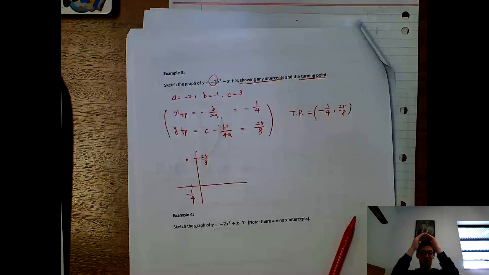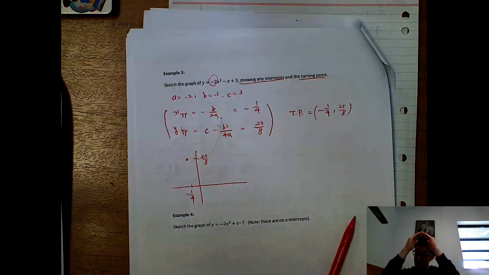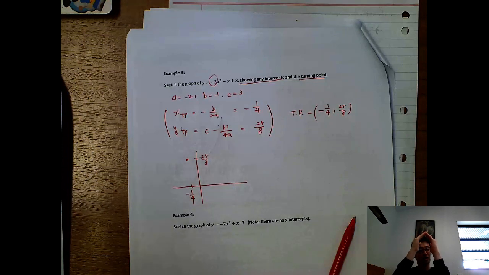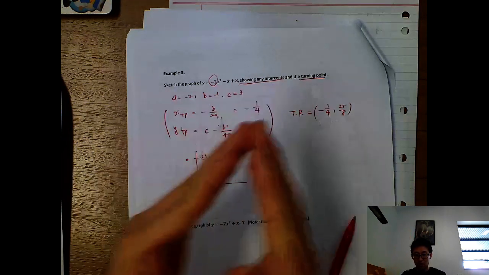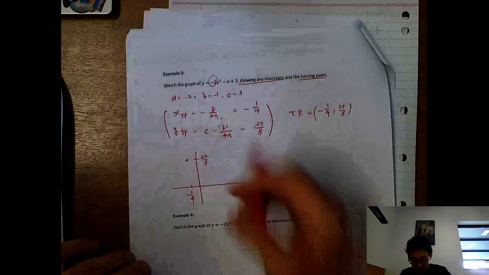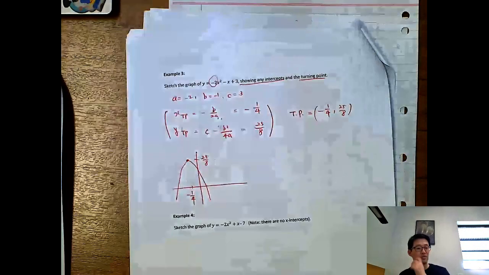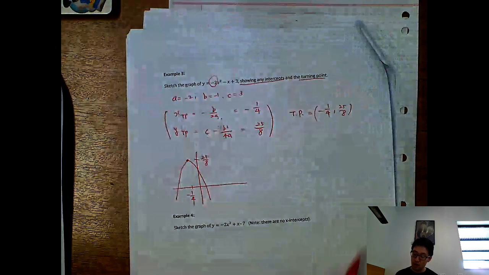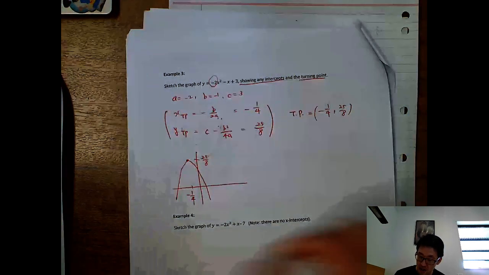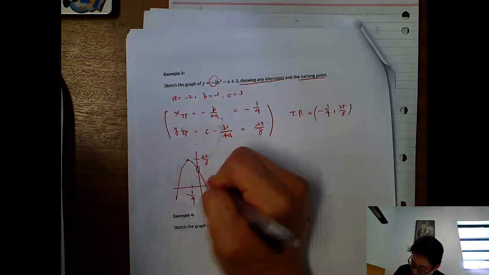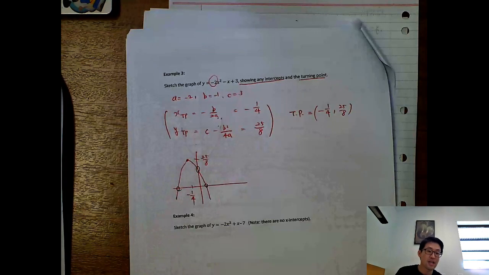Negative, and the dilation is 2, so it's a bit narrower, something like that. So I'm going to plug in here, and it will look like that. Again, that's a rough drawing, so we'll go and figure it out. But the information I can get is, yes, I have intercepts here.